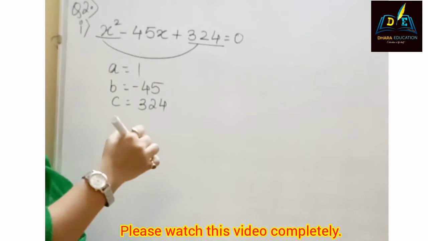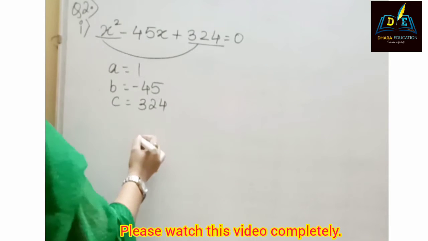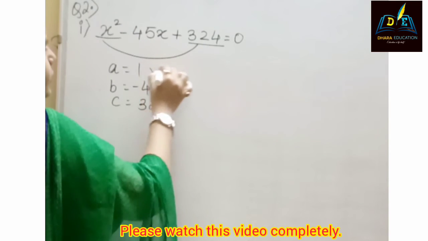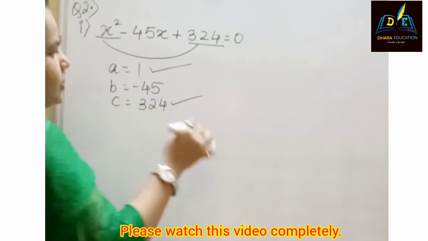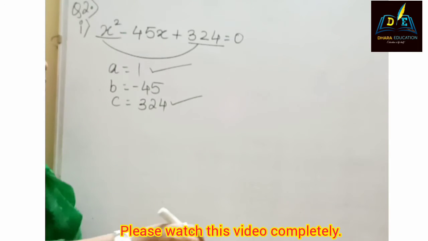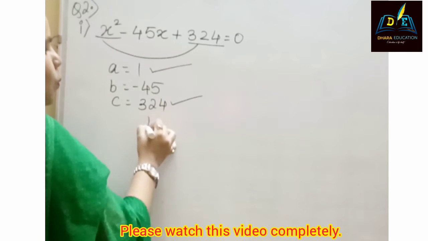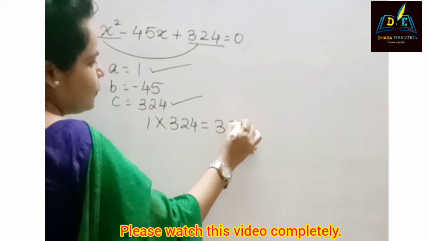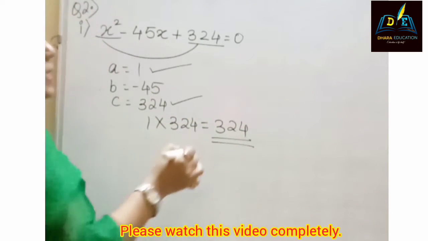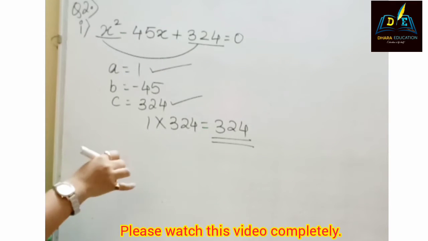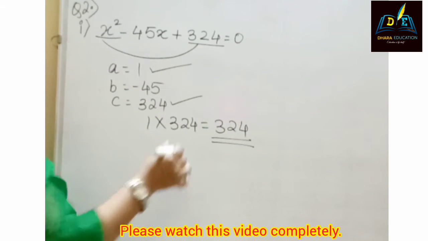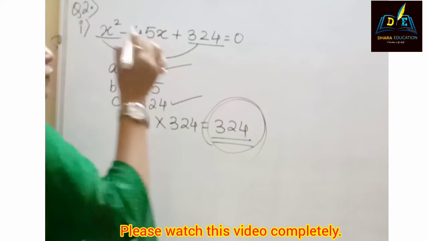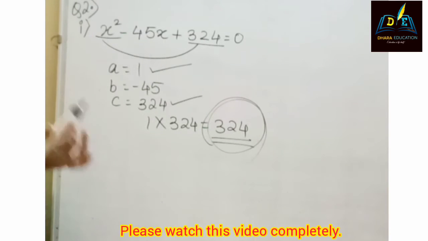When we take the product of the first and third terms, 1 multiplied by 324 gives you 324 only. We need to take out all the factors of this 324.